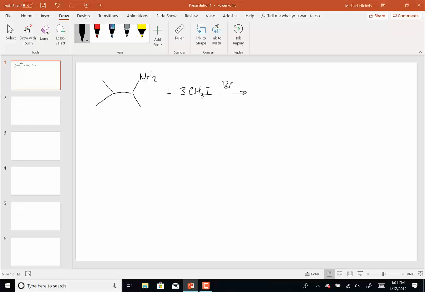And I have to do that under basic conditions. And if I remember, I'll tell you exactly how that's done. So the idea here is that I end up taking that nitrogen, adding 3 methyl groups to it, so that I end up with the ammonium salt.